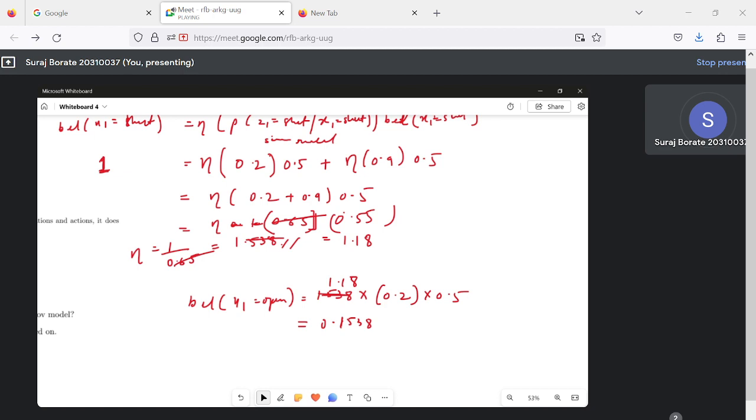It says that since the Bayes filter algorithm uses the entire history of observation and action, it does not assume the Markov dynamics for the system. So is this statement true or false? Of course, this statement is false. Why? Because we just saw, right? When we were finding belief of x1, all that we needed was belief at x0.